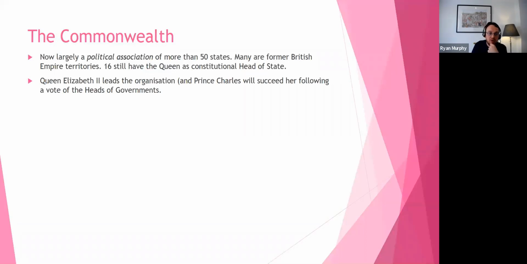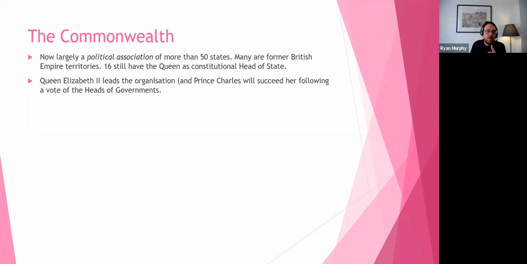At the moment, Queen Elizabeth II, at the time of recording, leads the organisation. And it's been decided by the heads of government of the Commonwealth of Nations that Prince Charles will succeed her when she is unable to continue to lead the organisation through death or disablement.